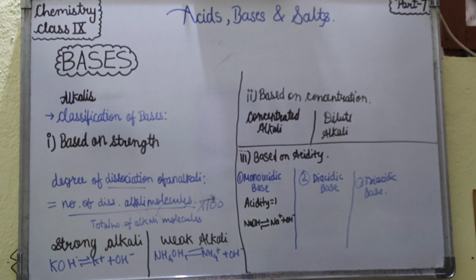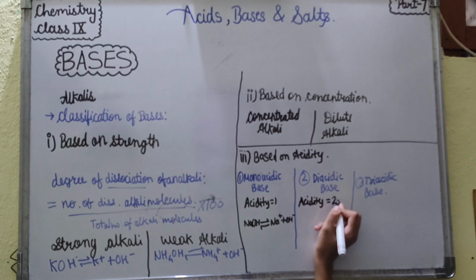Then diacidic base. If one molecule of a base on complete ionization produces two hydroxyl ions, then the base is said to be a diacidic base. Diacidic base acidity is equal to 2.